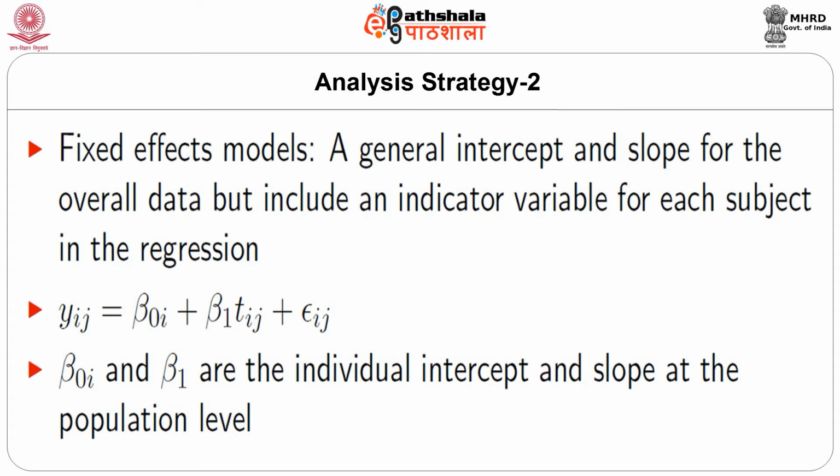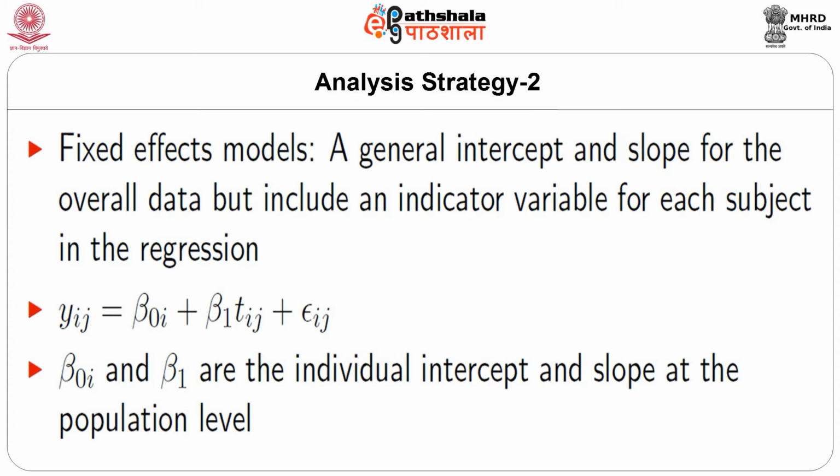Another strategy that might be implemented and which is better than the individual regression strategy is to have a general intercept and slope for the data and include an indicator variable for each subject in the regression. In other words, we have one slope but 16 intercepts, and all the 16 intercepts are fixed. So for individual i we have the intercept beta naught i, while all the individuals have the slope beta 1.